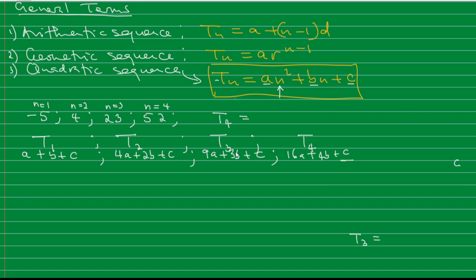If I use this one as my example, this a plus b plus c will be our -5, and this one will be our 4, this one our 23, and this one our 52.